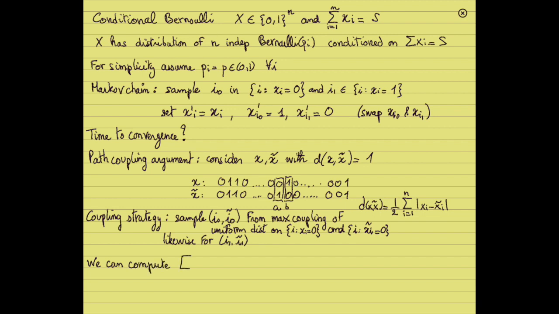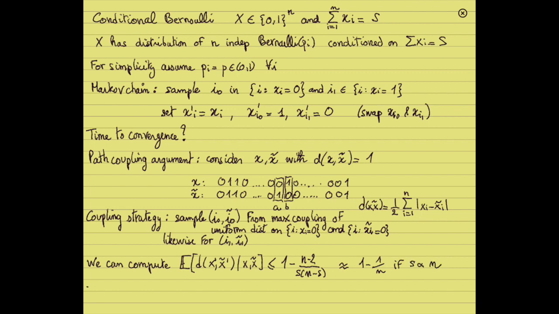If we perform this strategy, we can compute that the expected distance over one time step, given the current states x and x tilde, will be less than 1 minus, and then the exact rate, if I'm not mistaken, is n over 2 s times n minus s. And if we consider s to be a proportion of n, this will be approximately of the order of 1 minus 1 over n, up to a constant.